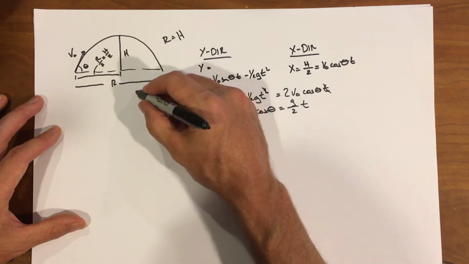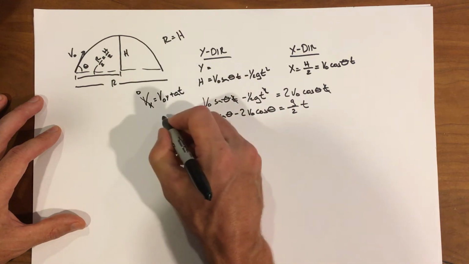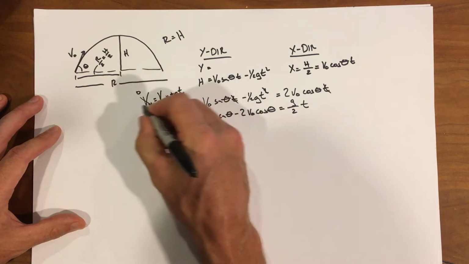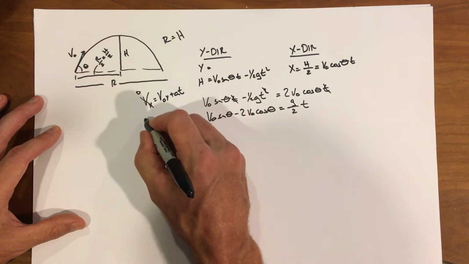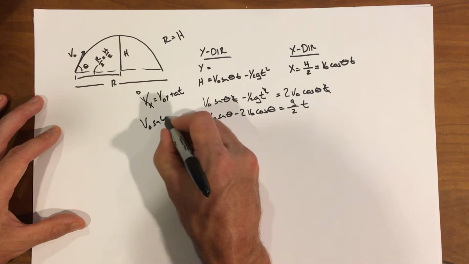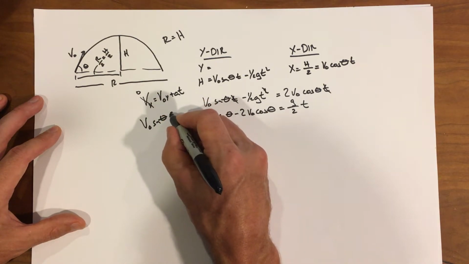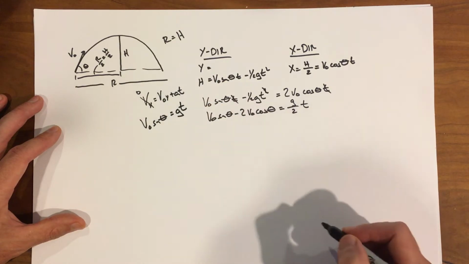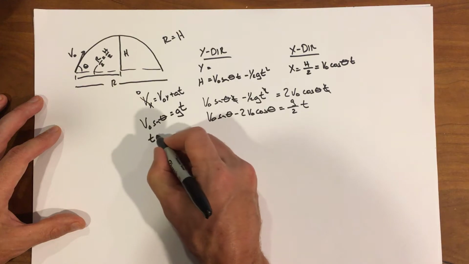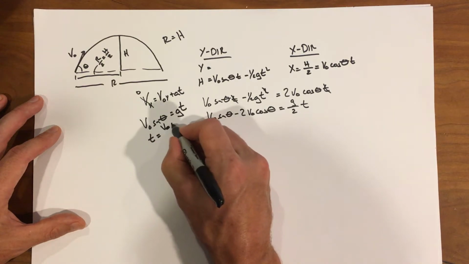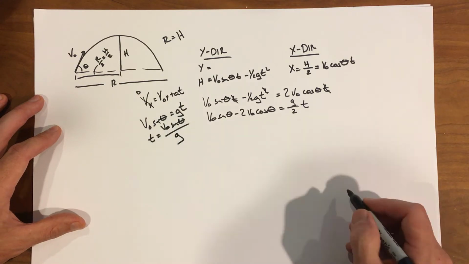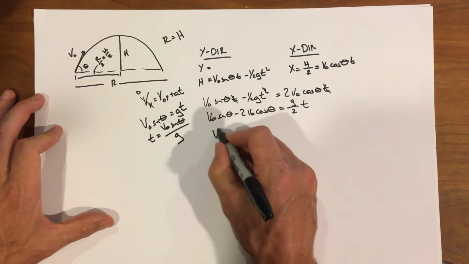I'm saying that this goes to 0, and in this case, a is negative g. So I'll pull this over and set my initial velocity, v naught sine theta in the y direction, equal to g t. Let's solve this for t and get rid of this t over here. So t is equal to v naught sine theta over g.